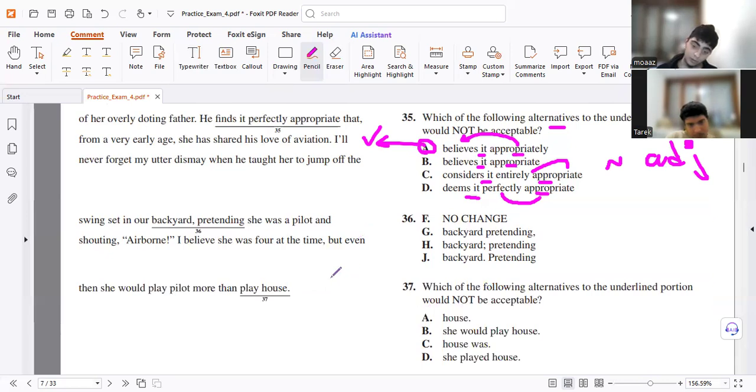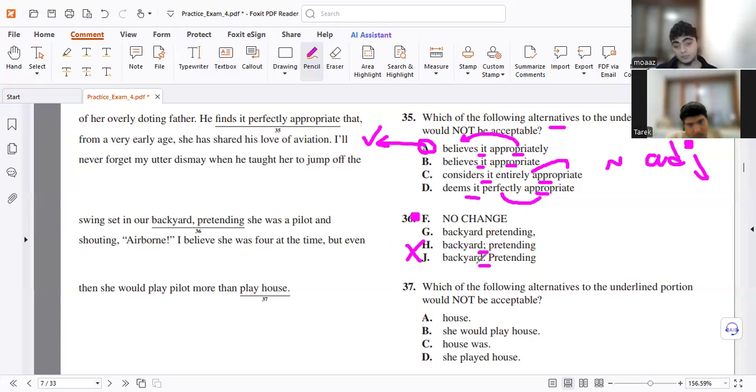36 is G. G. This is J. Wrong. It's F. Why? Follow the rules, man. What are the rules? Look, full stop, semicolon, the same.